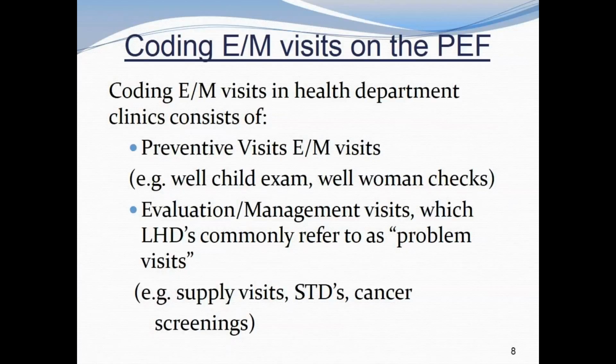Because coding on the PEF actually consists of preventive E&M visits, like your well child, well woman checks, and then your problem visits, which are basically your supply visits, STDs, cancer screenings, that type of thing.